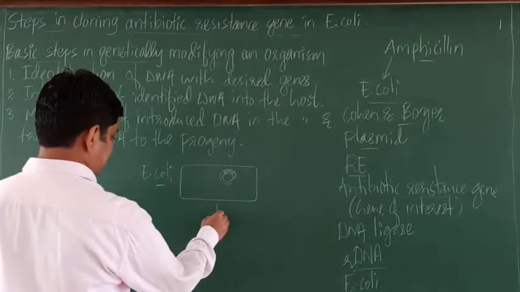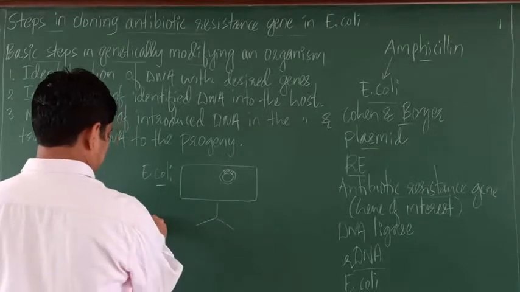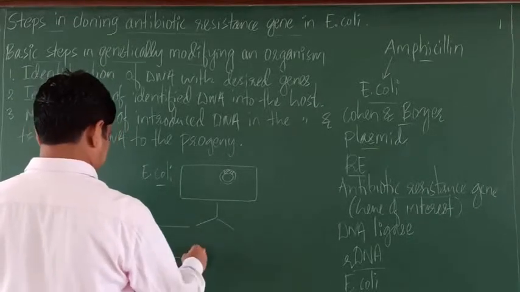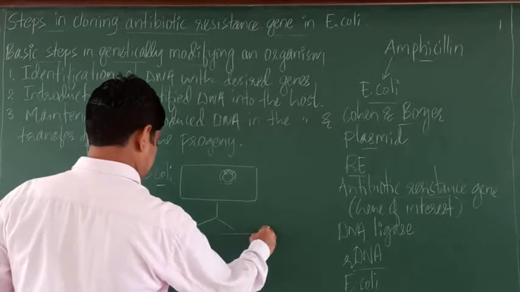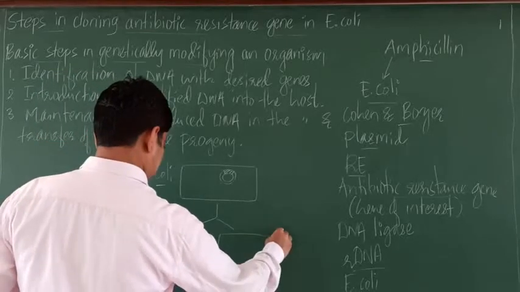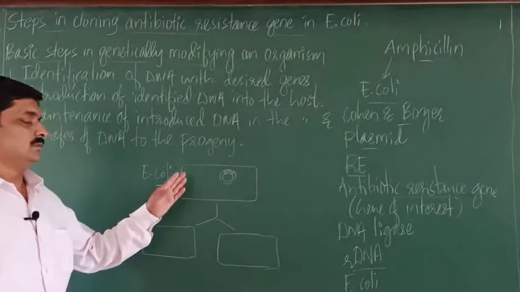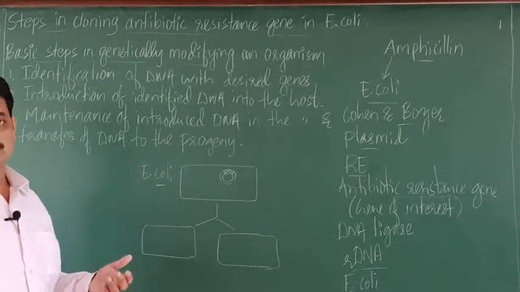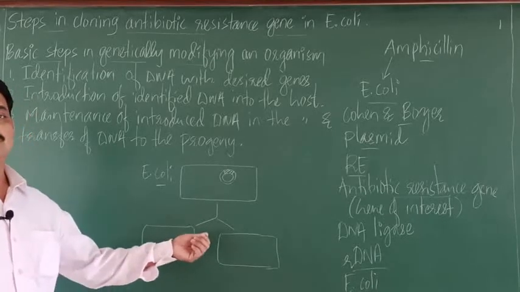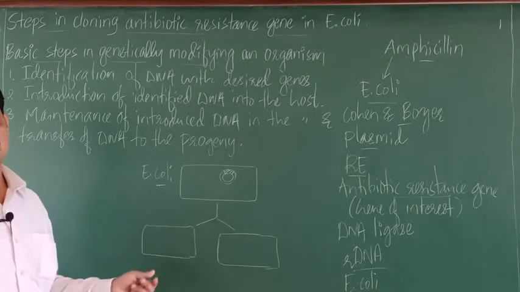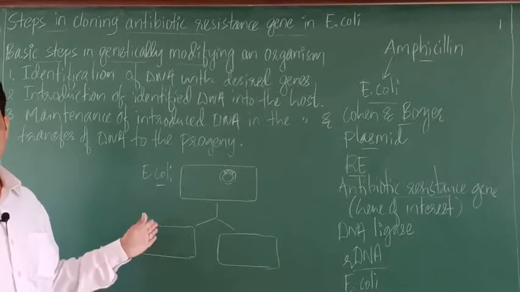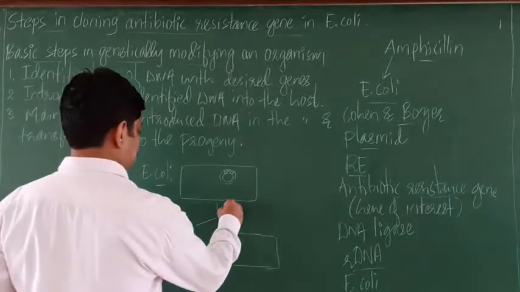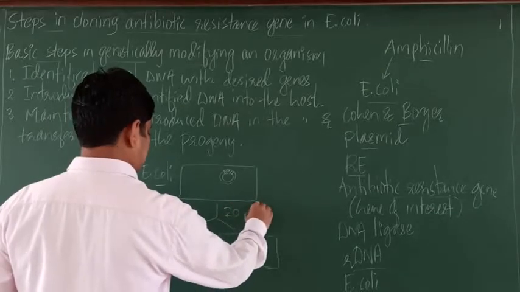or when it reproduces, one E. coli cell reproduces to produce two E. coli cells or daughter cells, right? This occurs in 20 minutes.